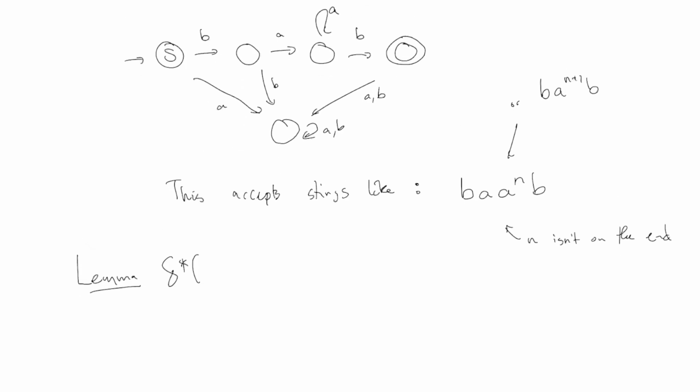I'll call the others T, U, and V. I probably don't need a name for the other one since we're never going to go there in accepting a string. But what I'm going to show is that delta star of S and b a to the n is U. All right?